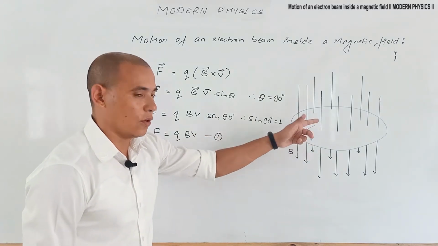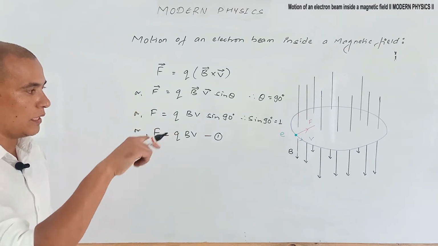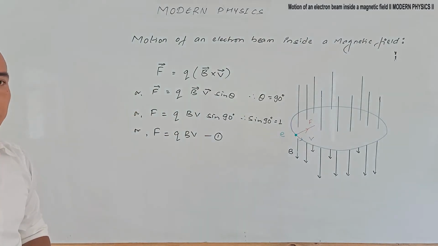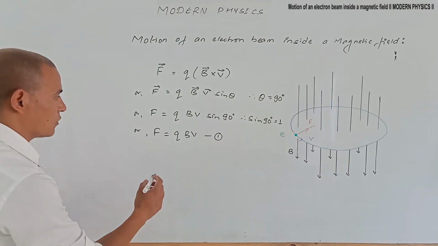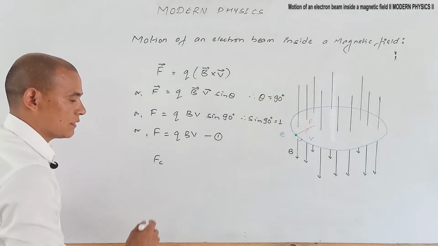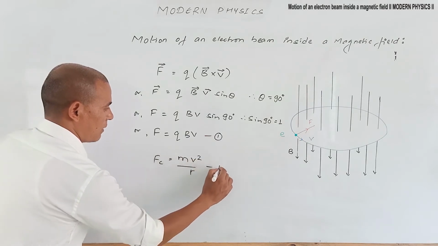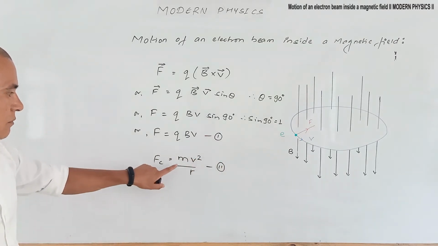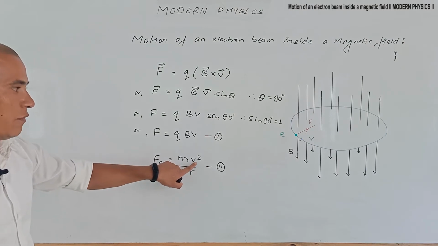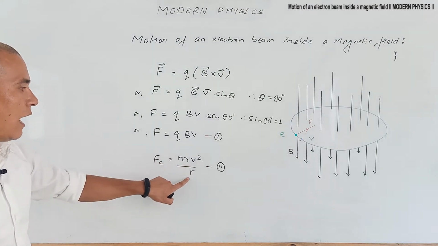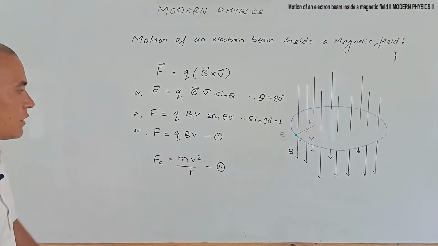Due to the Lorentz force, the electron moves in a circular path, which is equivalent to centripetal force. So again we can write F c equals m v square by r, where m is the mass of the electron, v is the velocity of the electron moving inside the magnetic field, and r is the radius with which it is moving.